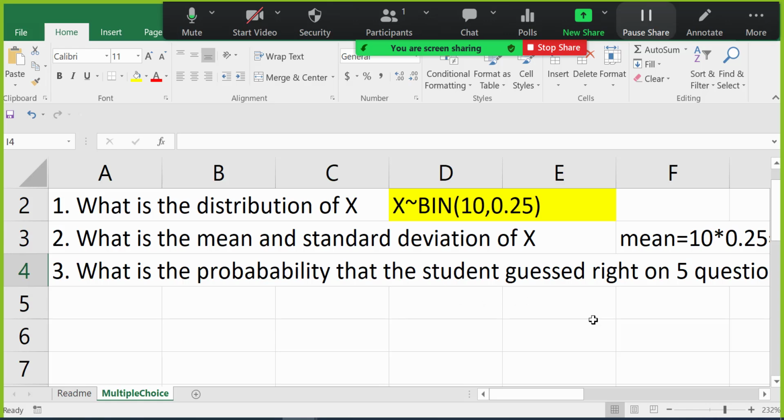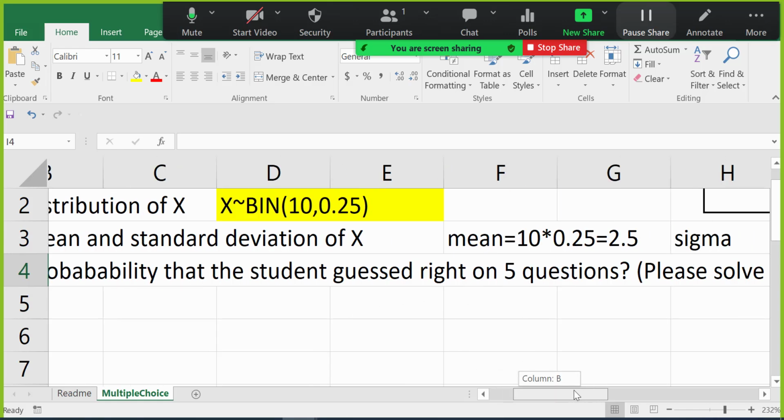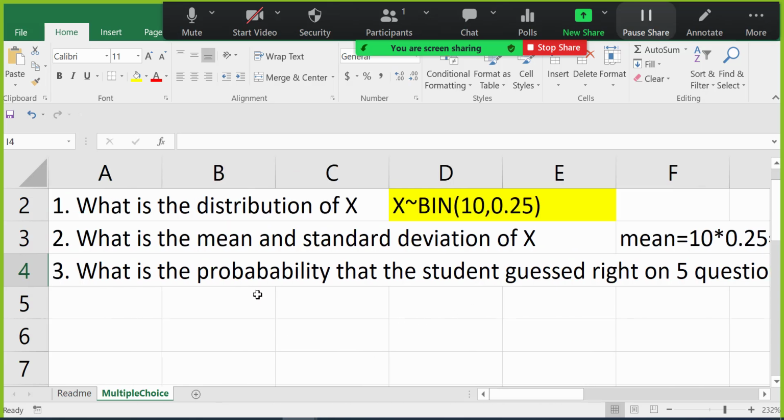What's the probability a student gets 5 questions right? So how can we translate this into the language of probability? That means your random variable X equals 5, right?